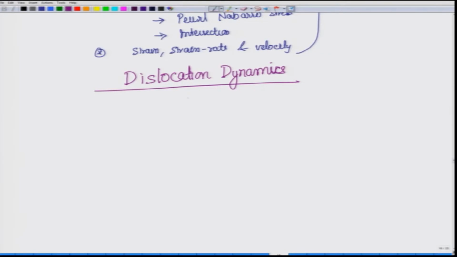But for now, let us understand what dislocation dynamics is. Dislocation dynamics is the study of evolution of dislocations under internal or external stresses.